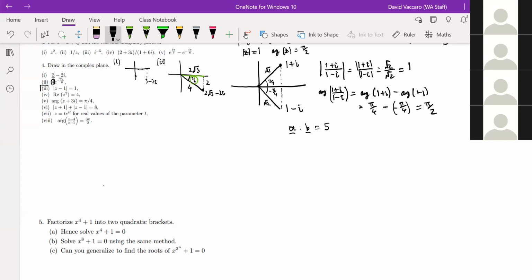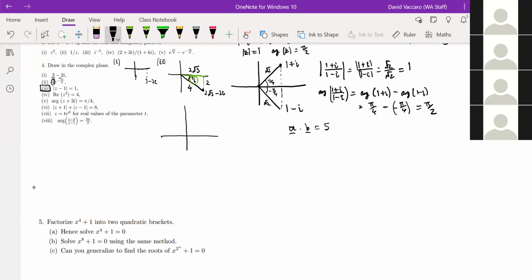Okay, part III. Can people put into the chat what they think the locus would look like in the case of part III? So it says the modulus of z minus 1.